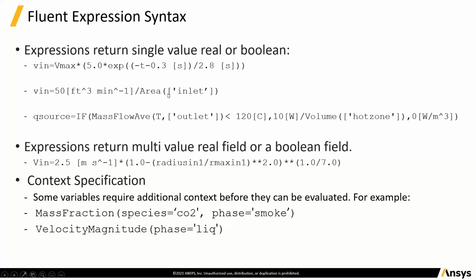So we don't actually have to go and measure that separately. Here we've got a source term of heat, and we've got an if statement. So if the mass flow average of the temperature on the outlet is less than 120 C, then the power is this, else it's nothing.